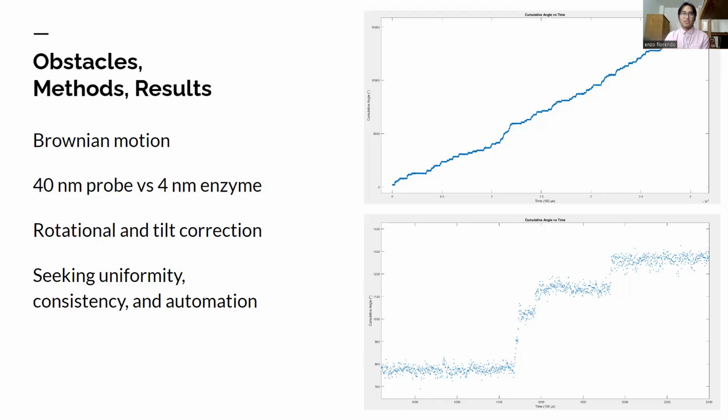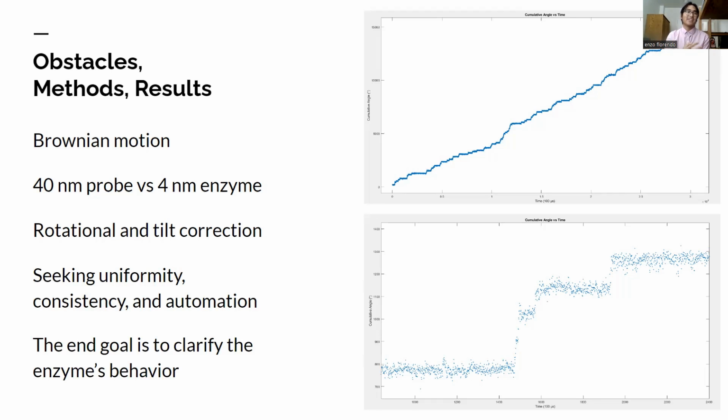And so in doing all of this, we're ultimately seeking uniformity, a sense of consistency, with the hopes of being able to automate all of this in the future. But the end goal overall is to simply clarify and elucidate the behavior of the enzyme and try to understand the chemical reactions and the chemical behavior of why it's doing what it's doing.